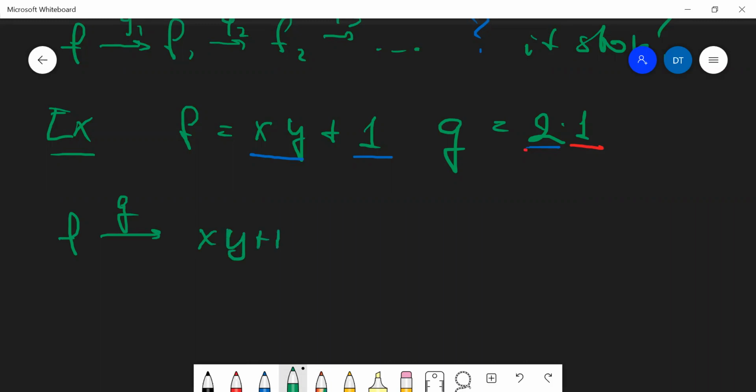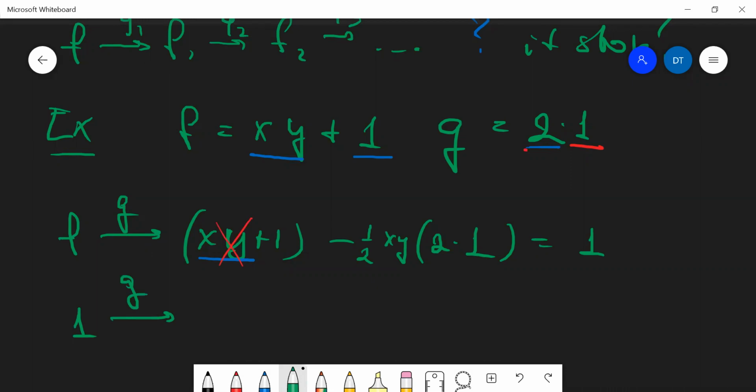First I reduce xy: I multiply g by xy and by 1/2, and using this reduction I cancel this term. The result will be just 1. And now I can reduce 1 by the polynomial g.